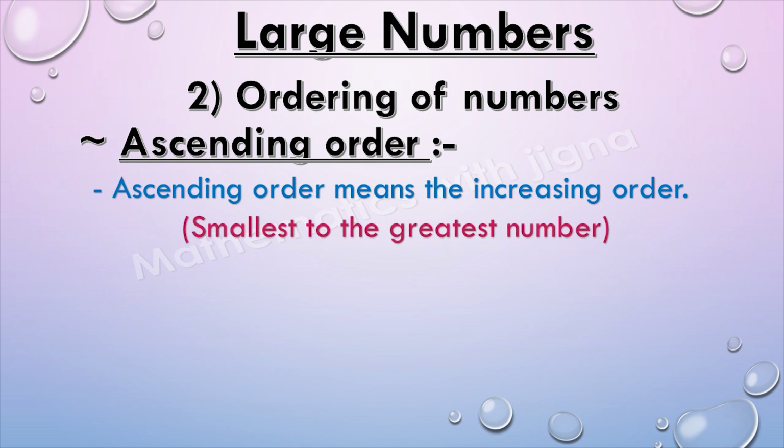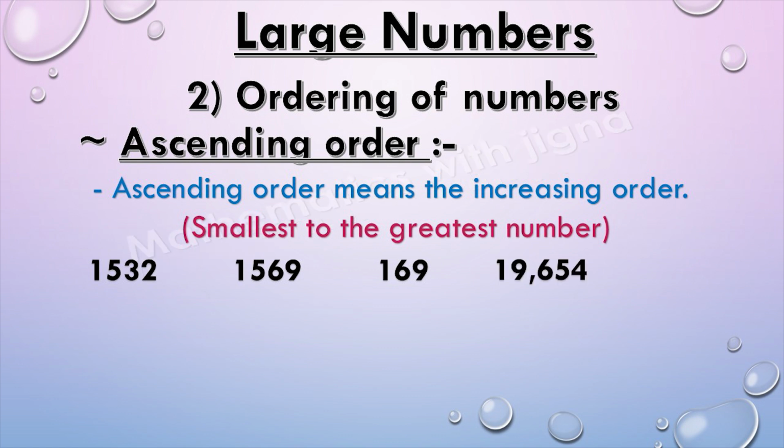Let's take an example. How to arrange the given numbers in ascending order? The numbers are 1532, 1569, 169 and 19654. We know the rules of comparison.